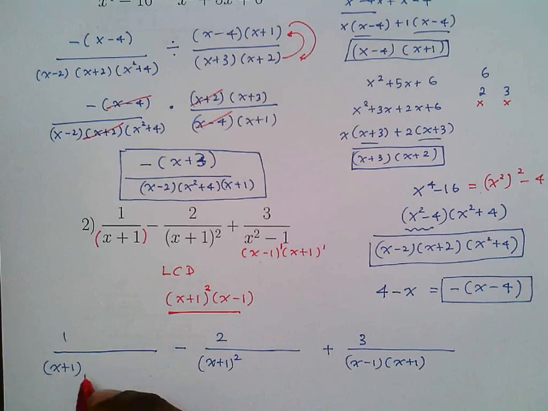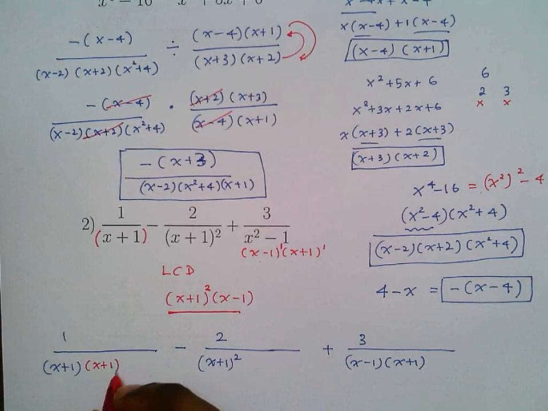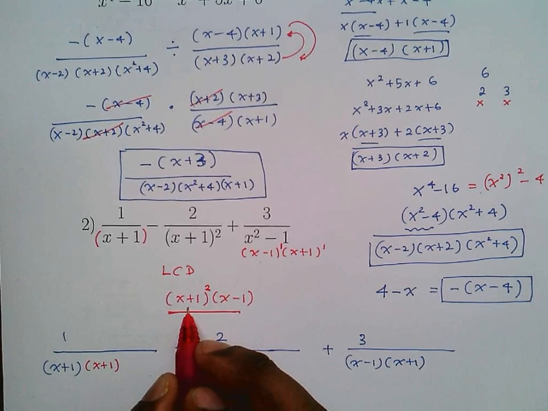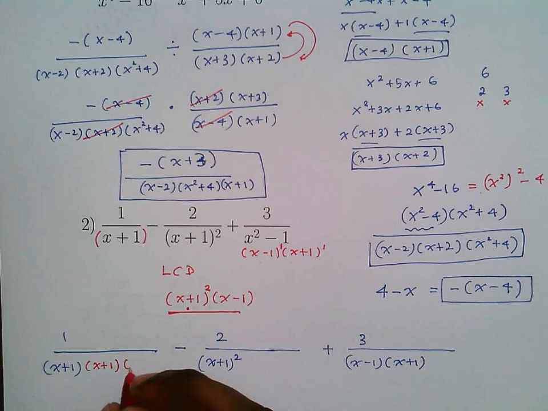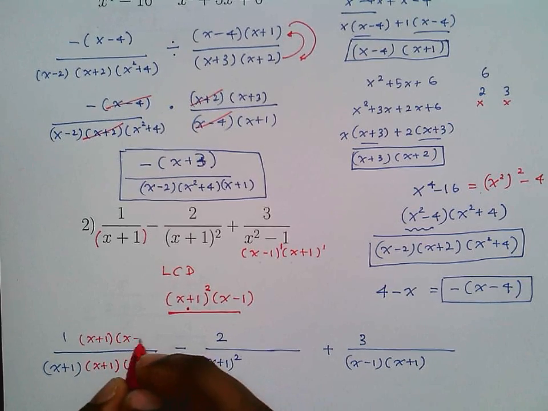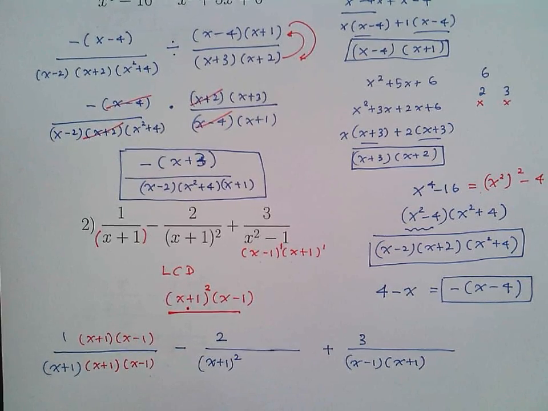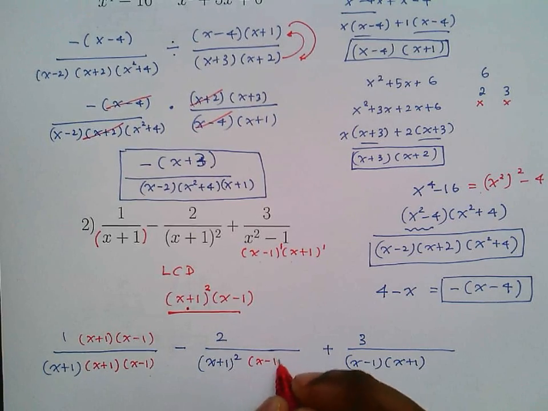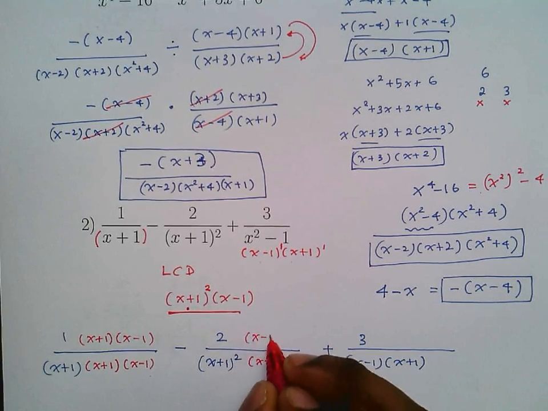Now the first one is missing an x plus 1, and that would make the x plus 1 squared work, and then also missing an x minus 1. So when you write it in the bottom, you need to write it on the top. Okay, and here x minus 1 is missing, and x minus 1.